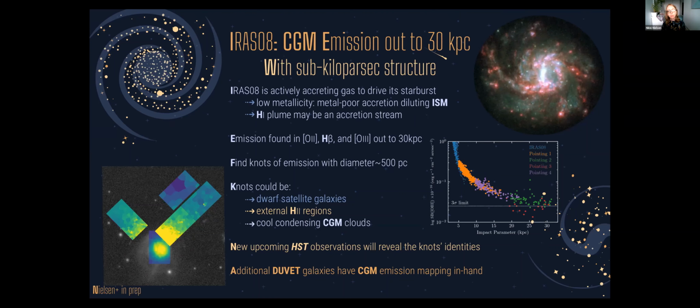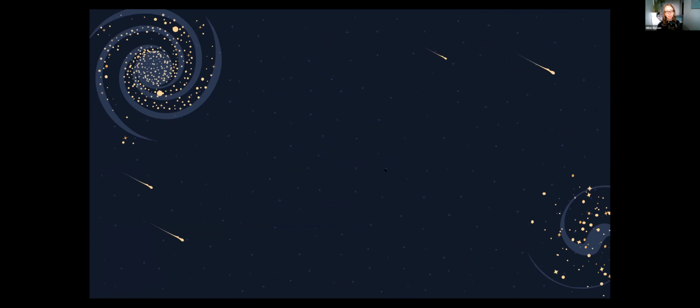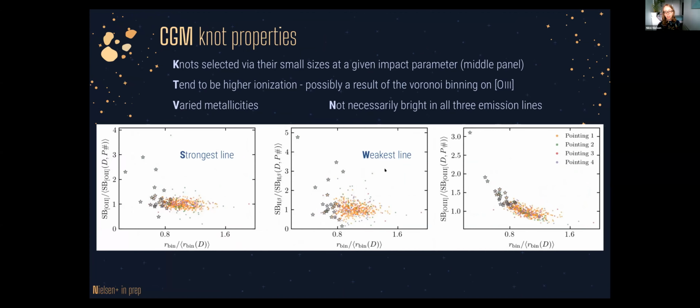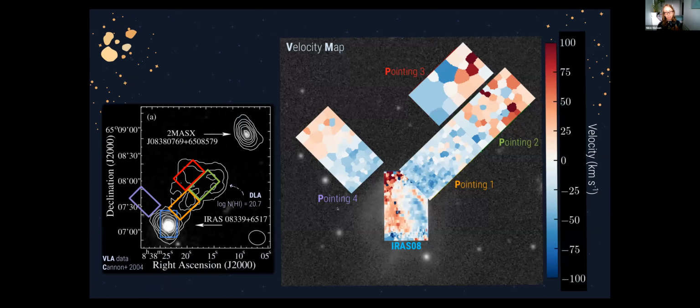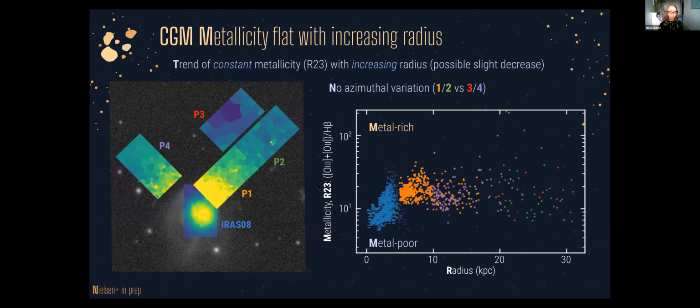Okay, we have a question online. First, great talk. Have you compared the metallicity of the CGM gas flows and ISM of the galaxy? Yes, so I have a plot down here where we've done a bit of a metallicity measurement using R23, where it's the O3 plus O2 divided by H beta, and it shows it's relatively flat. But I think right now it's really difficult to measure the metallicity of this gas because the R23 parameter relies on having H2 regions.